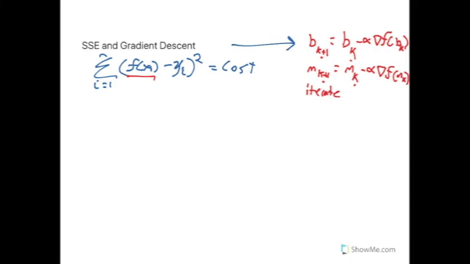So the way this works out for these two applications here is pretty straightforward. Like I mentioned, I won't run you through the mechanics, but it will look like this specifically for linear regression.